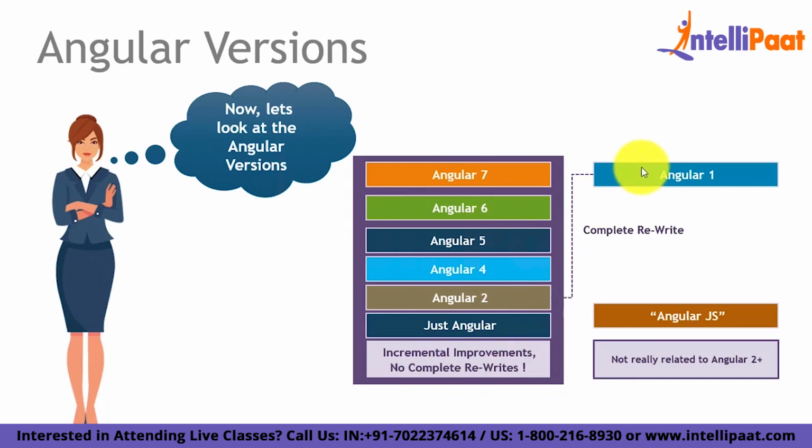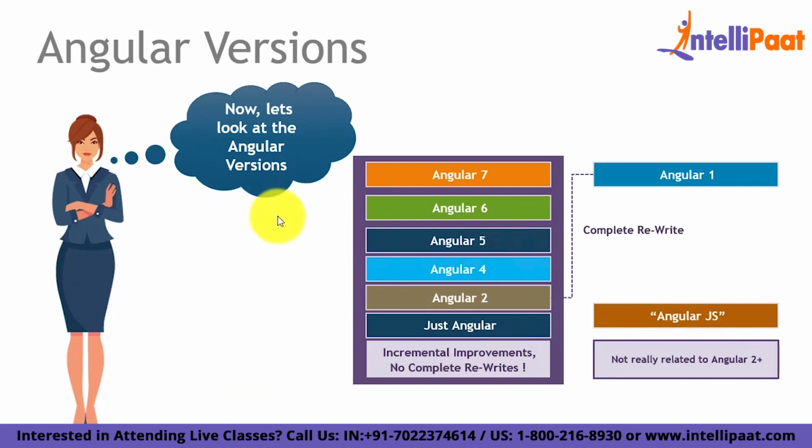Suppose you have an application in Angular 1 and you want to move to Angular, you have to rewrite your entire code. Whereas if you are moving from one version to another between 2, 4, 5, 6, 7, there are just some improvements here and there, no need to do a complete rewrite. So that is the main difference between AngularJS and Angular in terms of versions.